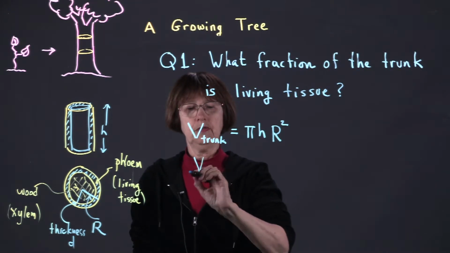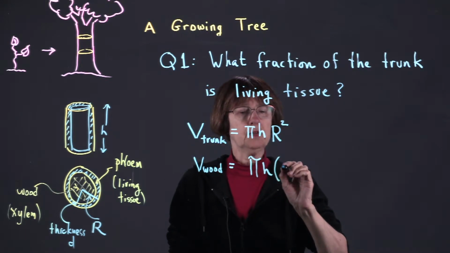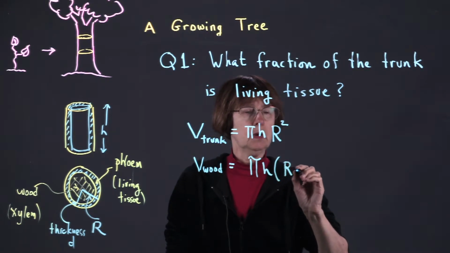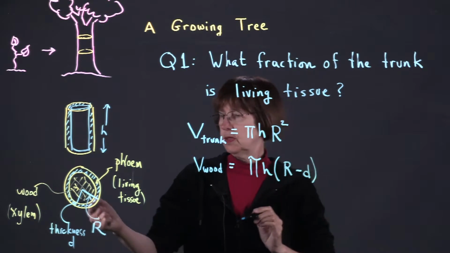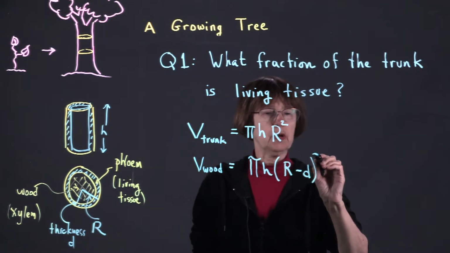Let's also note that the volume of the wood will be pi times the height of the cylinder times (R minus D) squared, where D is the thickness of that living tissue.